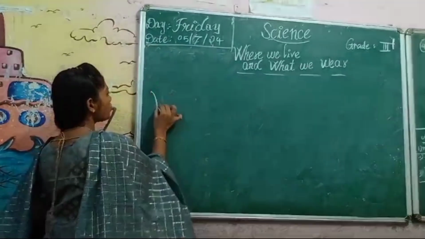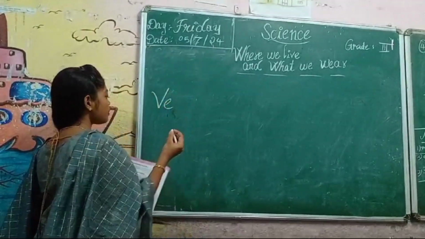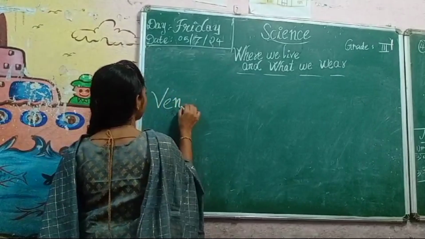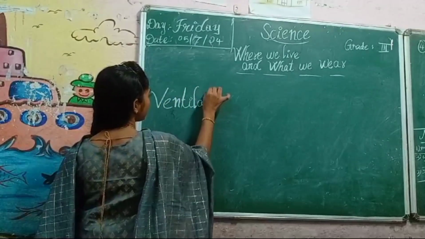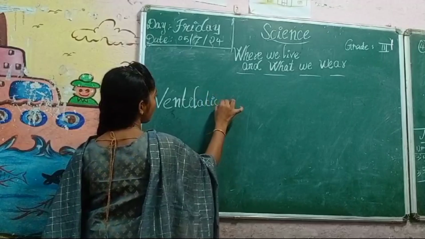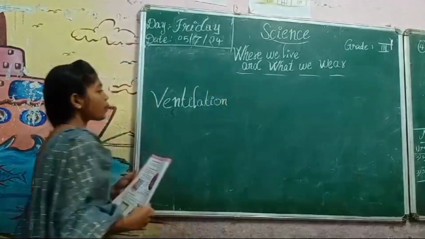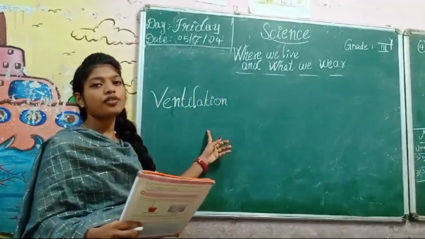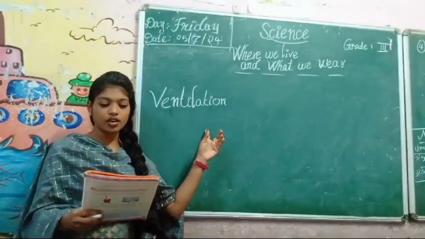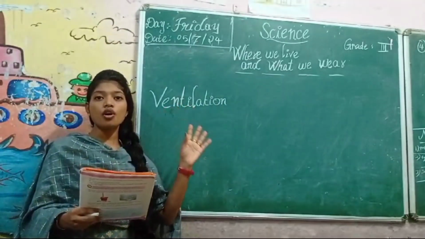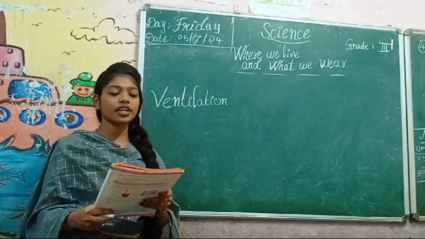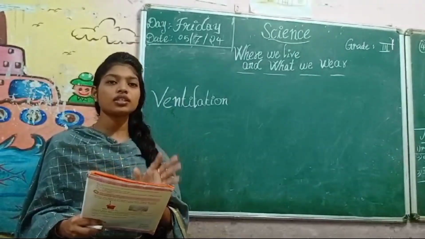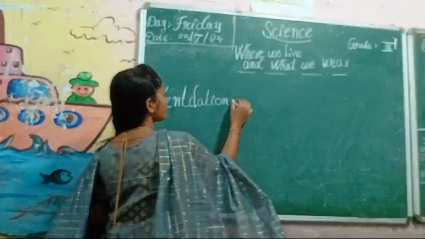Ventilation spelling: V-E-N-T-I-L-A-T-I-O-N. So, proper ventilation. First, we need to check doors and windows. We should ensure it has many doors and windows.